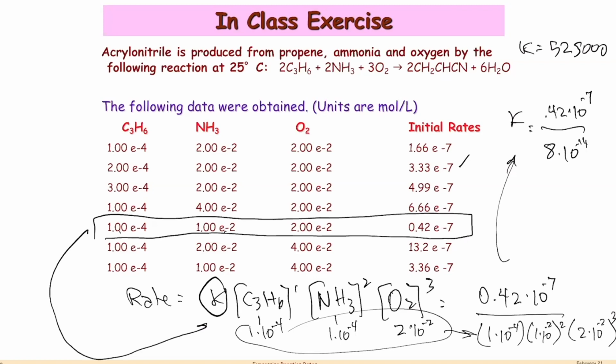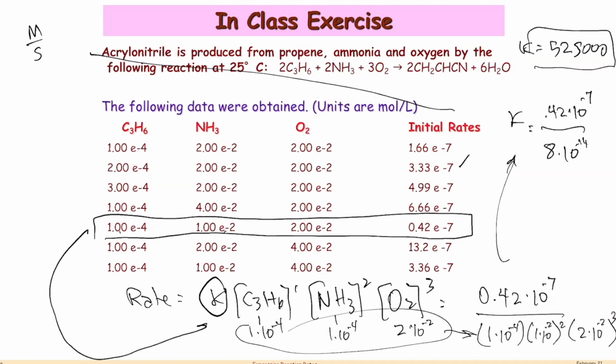Now, let's take a look at our units. They don't give us a time here. So if you take a look at the previous problem, I think it was seconds. So the rate is going to be, say, molarity per second. Rate is always going to be concentration per time. Now, what we need to figure out is what exactly is the unit for K. And the way you do that is you do unit analysis.